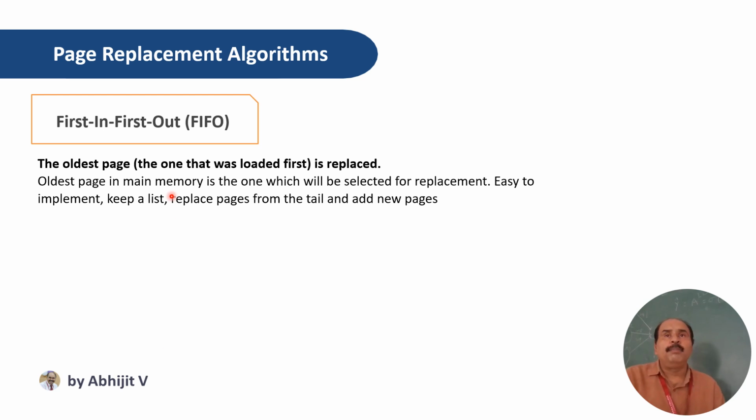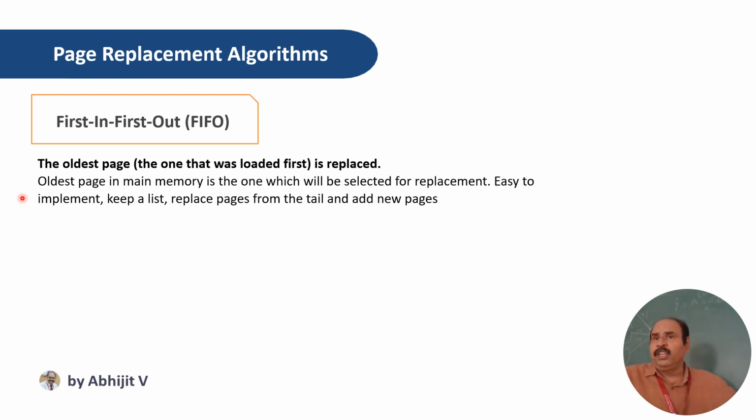The first algorithm is very simple: first in, first out. The oldest page is the first one to come in and it's the first one to go out. The oldest page in the main memory is the one which will be selected for replacement.